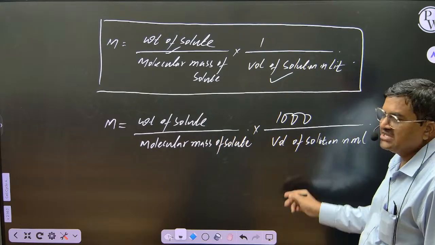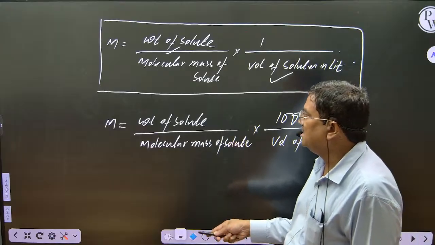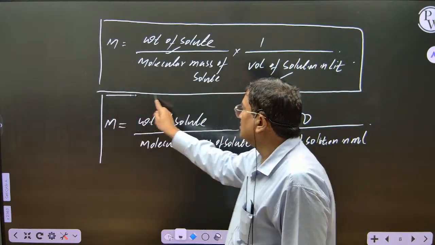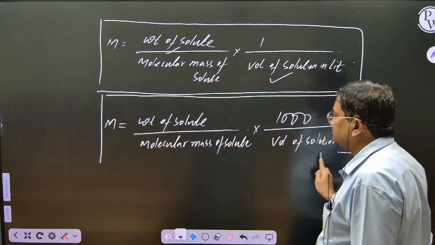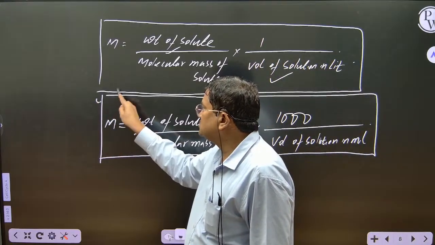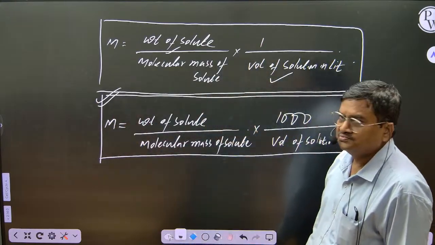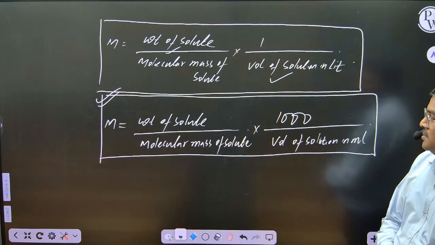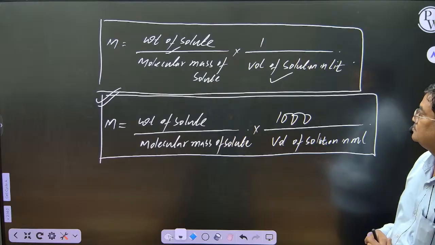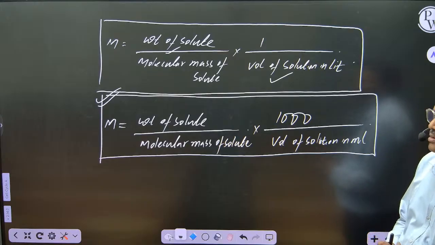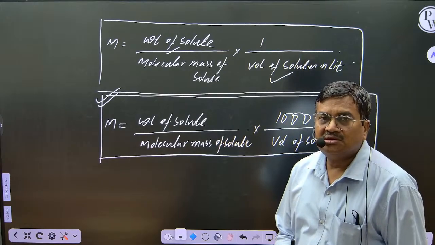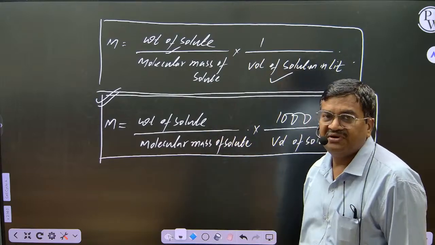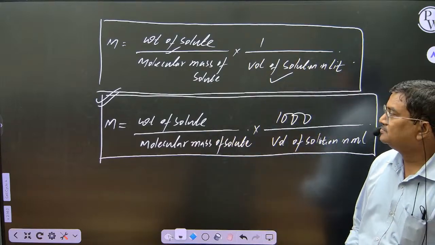When do we use this second relation? If the volume is given in milliliter. Write these two relations. Following, students? So these are the two relations from which we find molarity.